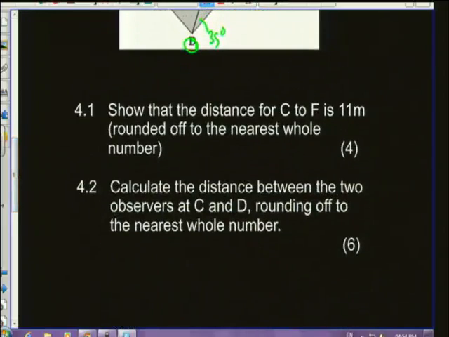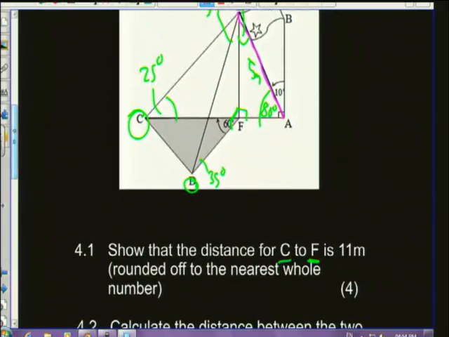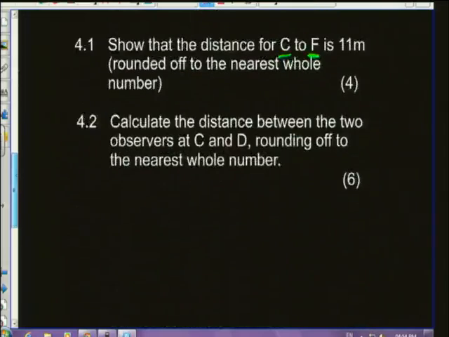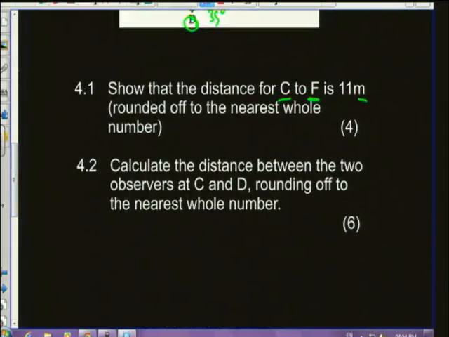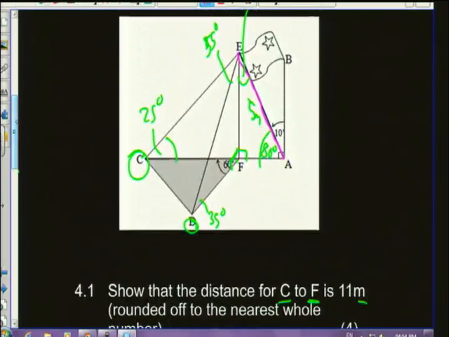Show that the distance for C to F, now this is C to F there, is 11 meters rounded off to the nearest whole number. Okay, so now we need to work from the given to the unknown.